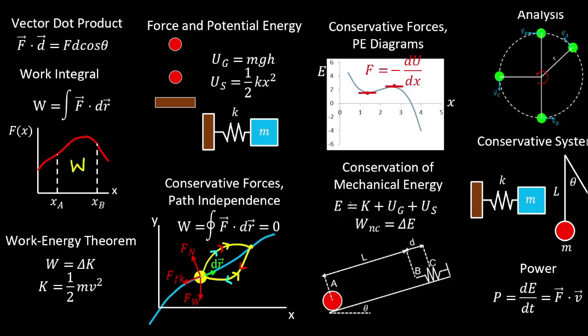So if we apply the conservation of mechanical energy to this system, for example, where there's no friction, then the total energy at point A is equal to the total energy at point B or C, or any other point along this plane. And if you had a non-conservative force present, such as a friction force, then the work done by the non-conservative force is equal to the change in the total energy between 2 points.